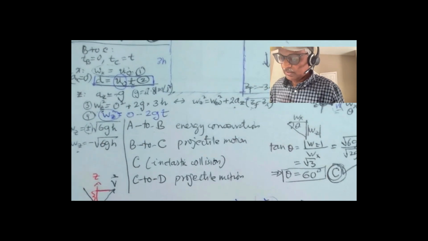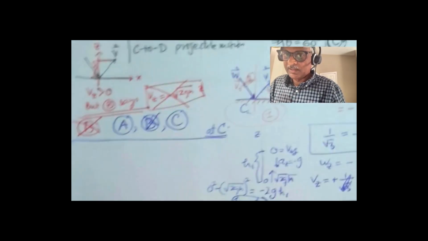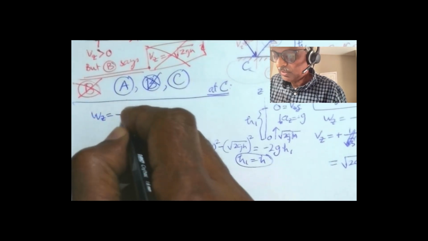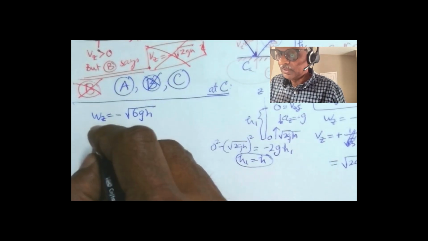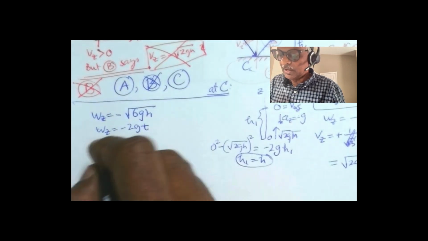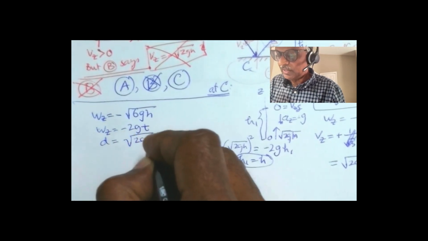So WZ equals minus square root of 6GH, and WZ equals minus 2GT, and D equals square root of 2GH.